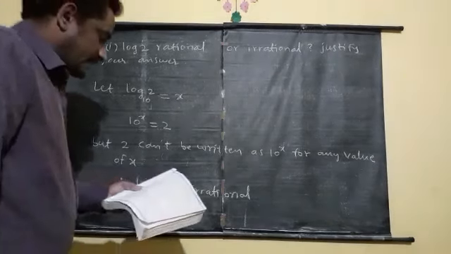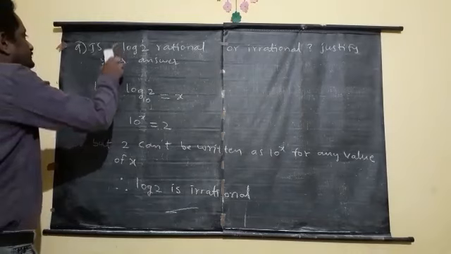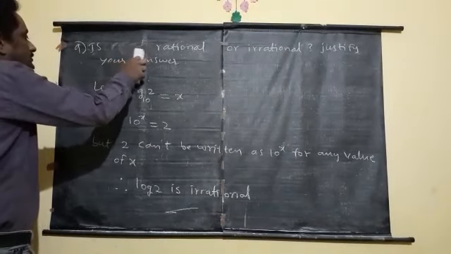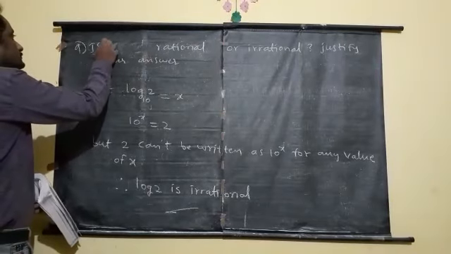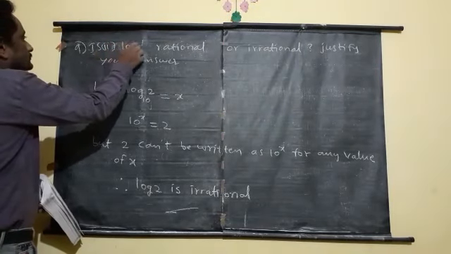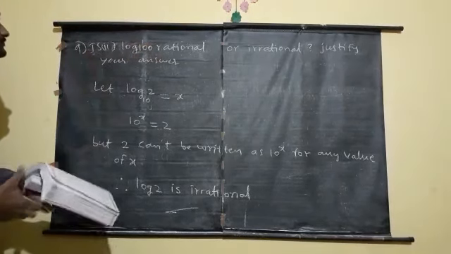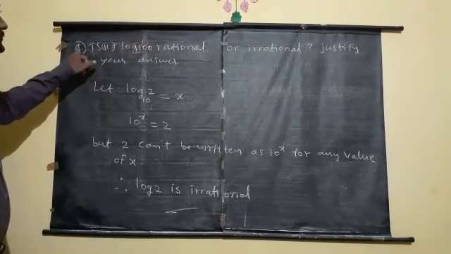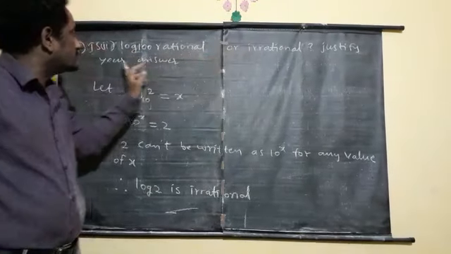Next, the second one we see. Is log 100 rational or irrational? Justify your answer. Second one, log 100 given, same model. Ninth bit, second problem: is log 100 rational or irrational? Justify your answer.